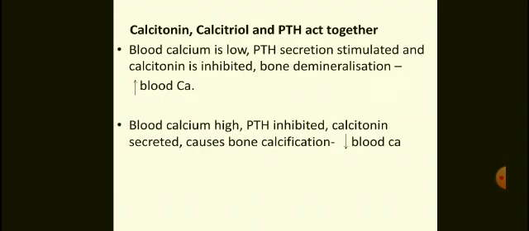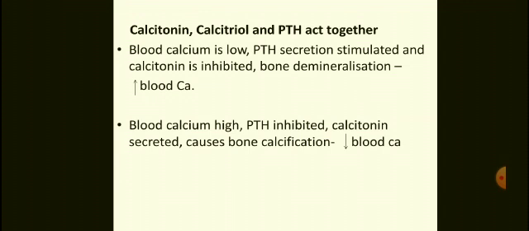Again, calcitonin, calcitriol and PTH act together. So when the blood calcium level is low, PTH secretion is stimulated and calcitonin is inhibited. This leads to bone demineralization and there is increased blood calcium level.